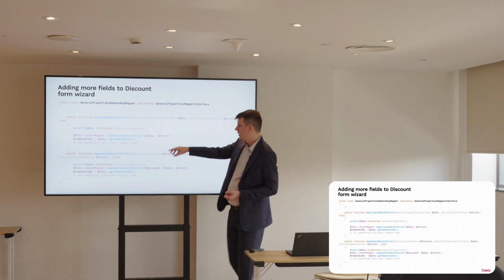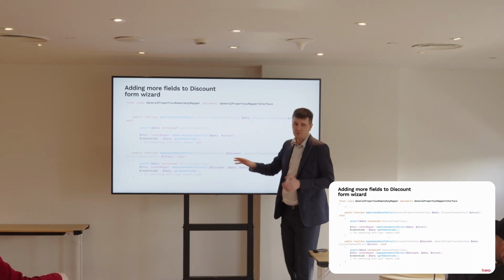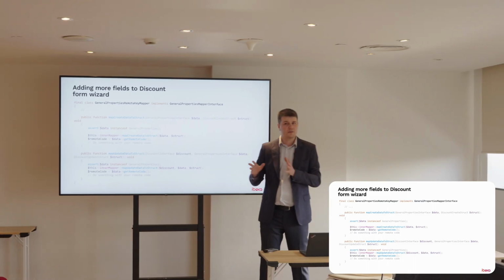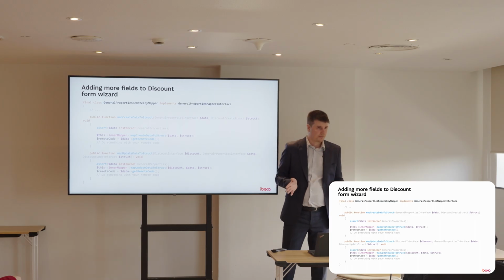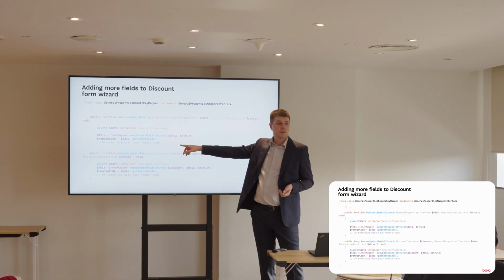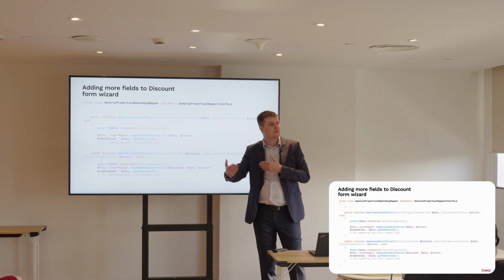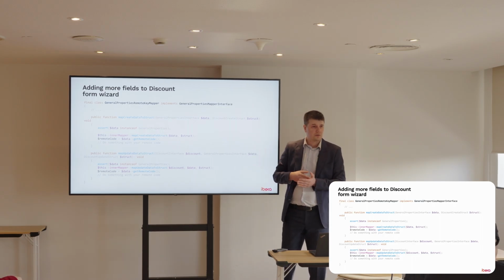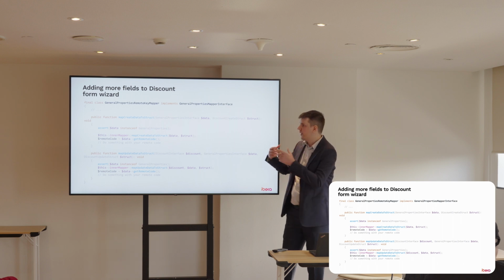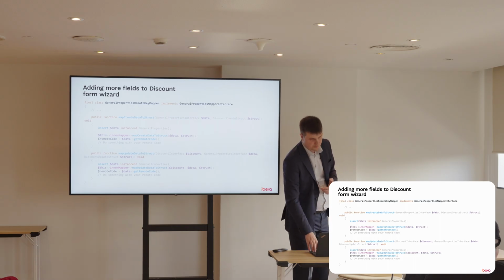As you can see, in this location, we can access remote data, remote code, and we can do something with this. We can convert it into a condition, we can convert it into a rule. We can do different things. Note that at this point, the discount is not yet created. It doesn't exist yet. It's only for converting into structures. So if you want to send this information to a remote third-party service, you probably want to react to another event later on, when the discount is actually created by the discount service, to keep everything complete.